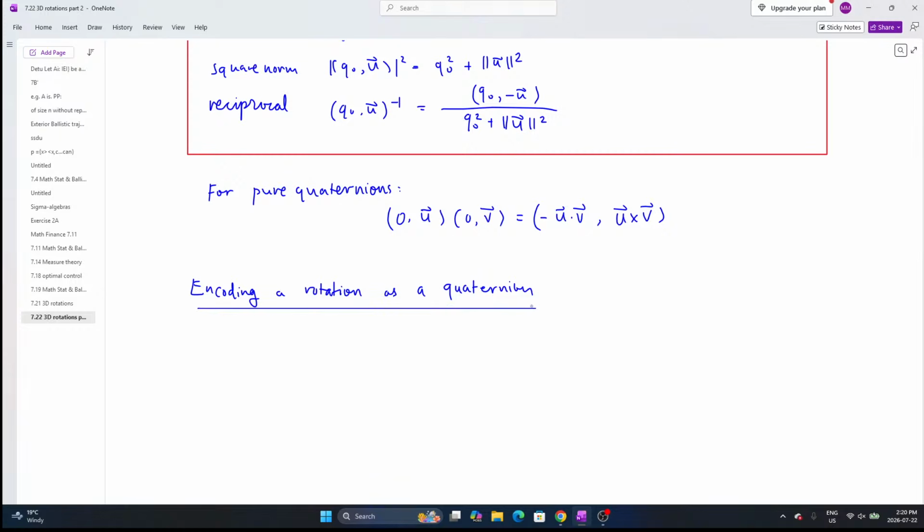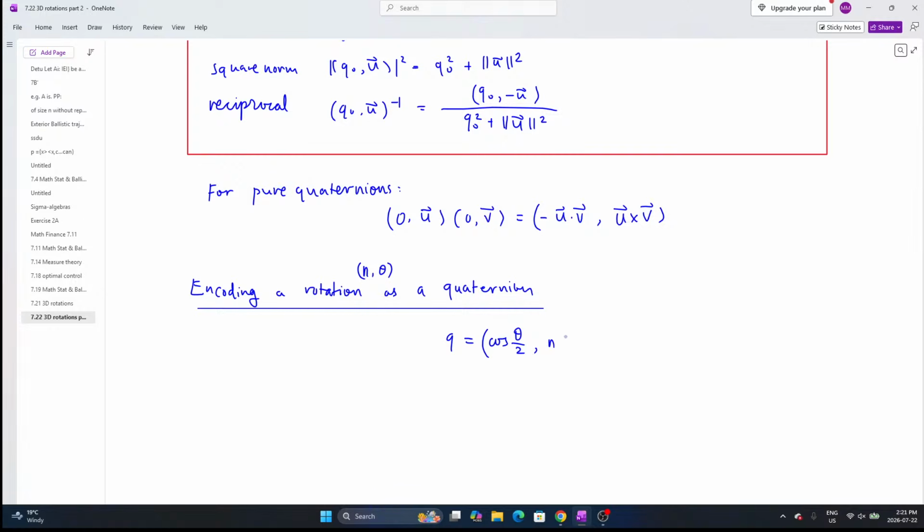How do you do that? Rotation is described by n and theta. And the formula is nothing short of pure magic. So Q is cosine of theta over 2. And n, that's the vector part. So cosine of half theta, that's the scalar part.